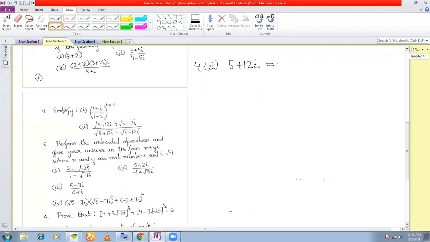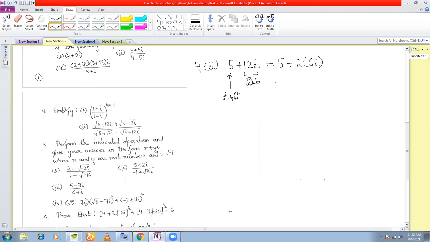Yes, sir. So now see, 5 plus 12i, I want to write this as a 2ab, so that later on I can write this as a square plus b square. Then it will be a perfect square, isn't it? It will be a plus b whole square. So that is what I'm trying to do here. So write 5 here as it is. Now 12, you can break it up as 2 into 6i, because I need a 2 here.